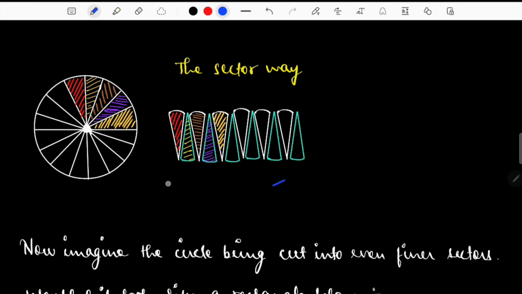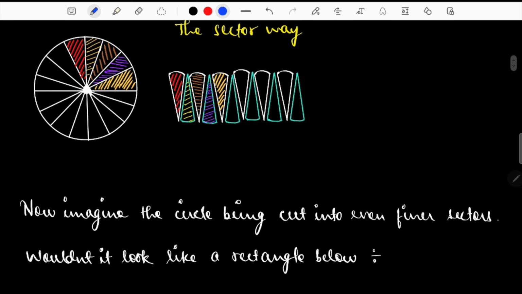Now imagine that the sectors are not really this huge in width. What if I told you that you cut even finer and finer pieces of sectors out of this circle? It means you will have more sectors, but each of the sectors will be very thin in width.